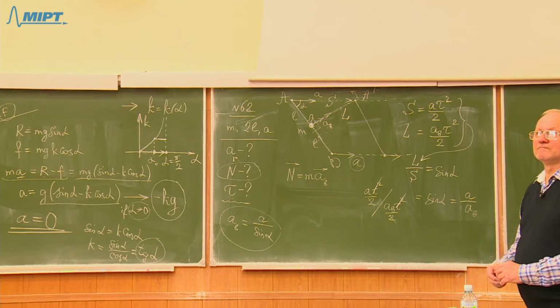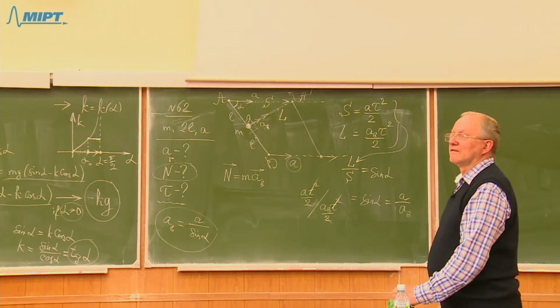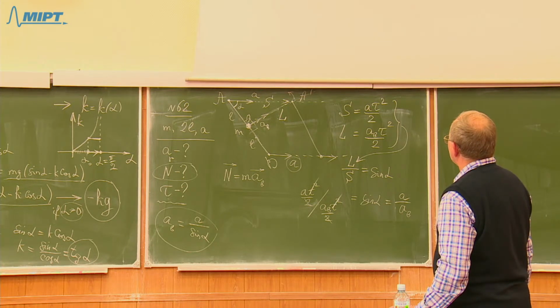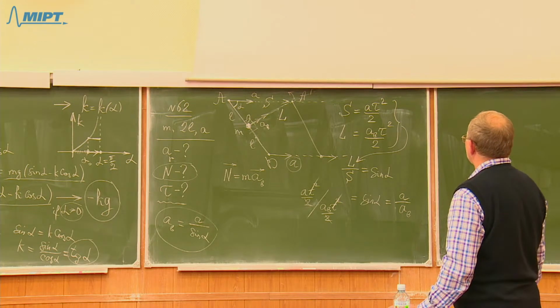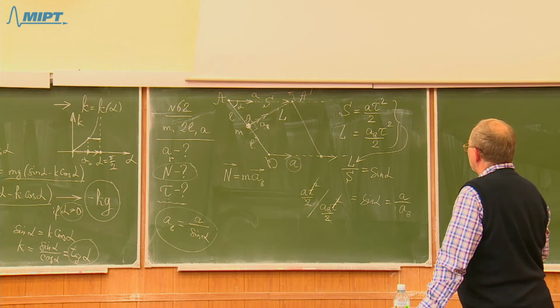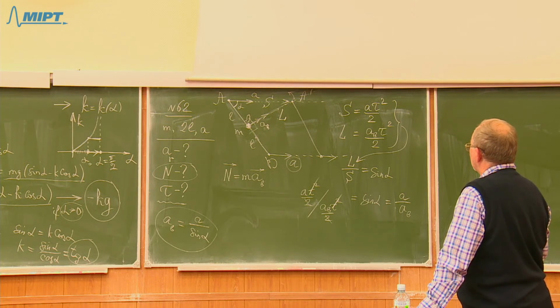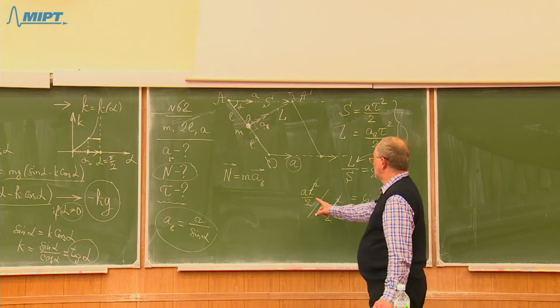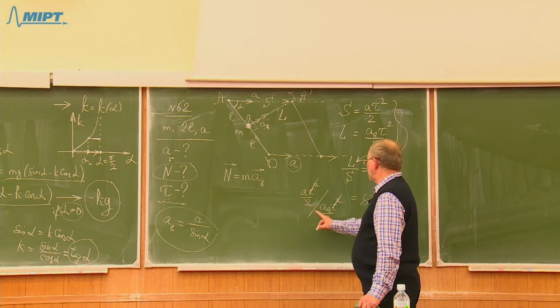Question. There we said L divided by S is equal to sine angle alpha. And then here we substituted them with their formulas. For L it is the acceleration of the bead times time squared over 2. So I see here we've put it vice versa. A divided by AB.